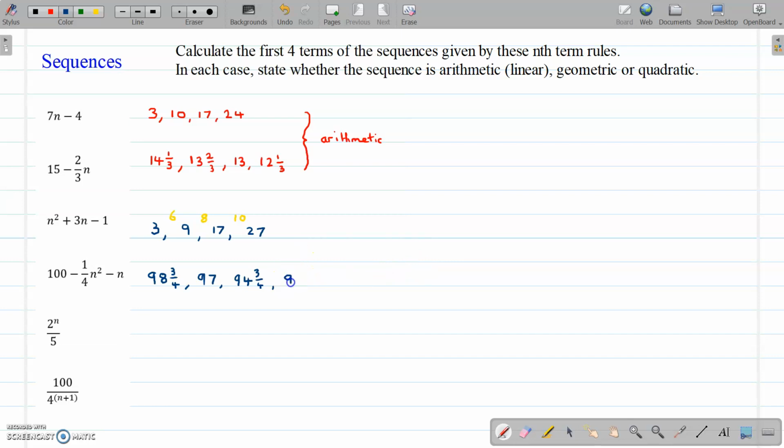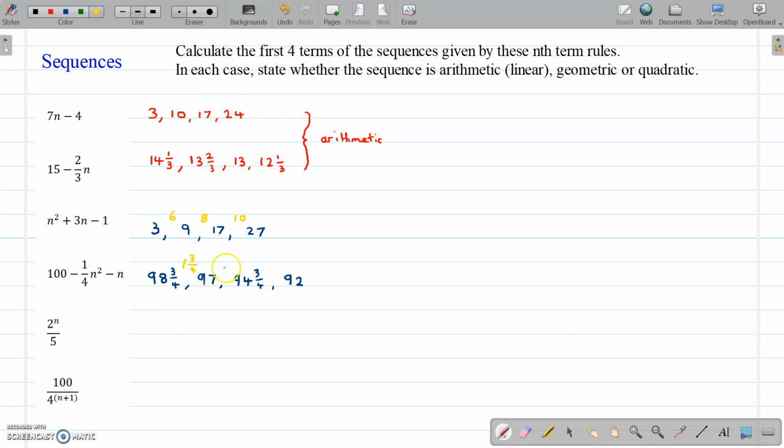Now, not as easy to see what's going on there, but again, if you look at what we call the first difference, that's the difference between the terms. If I go back to yellow again, the difference there is 1 3/4. In fact, it's negative 1 3/4 because it's going down, but I'll just put the actual difference, which is 1 3/4.